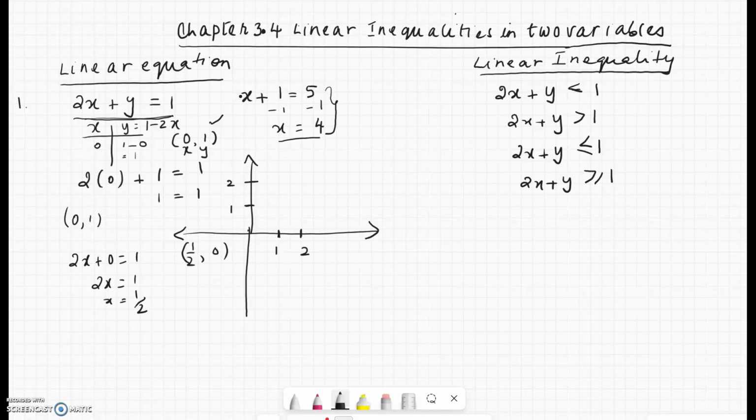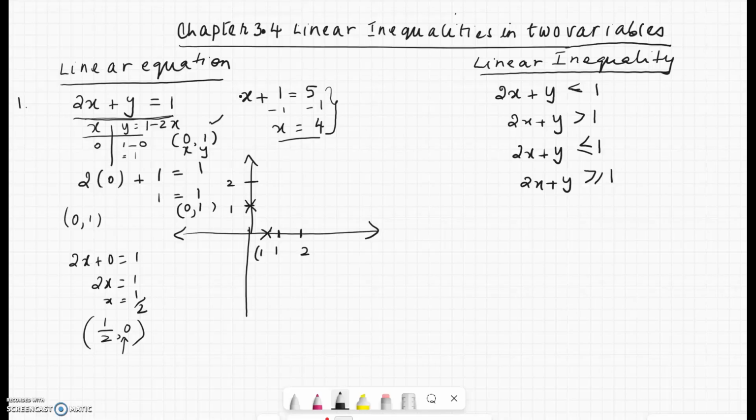Let's plot the points. 0, 1 is a point on the y-axis because x is equal to 0. Now the other point is half, 0. So let's plot half, 0. When the y coordinate is 0, it means the point lies on the x-axis.